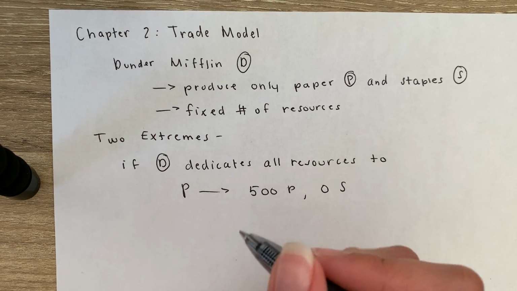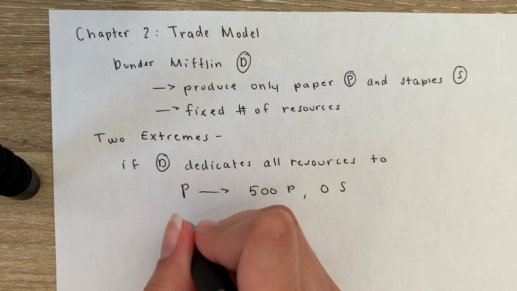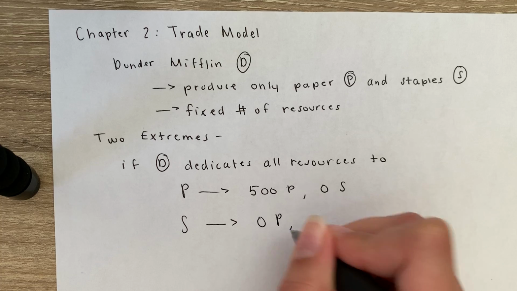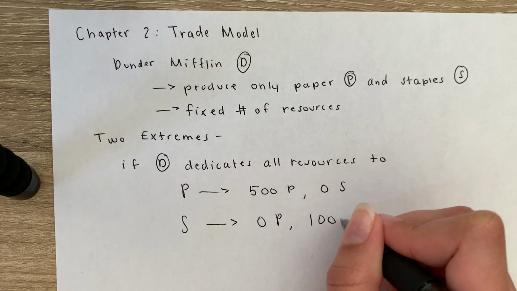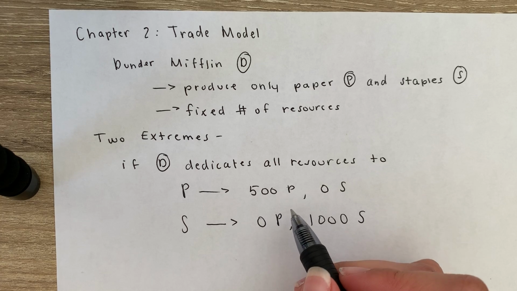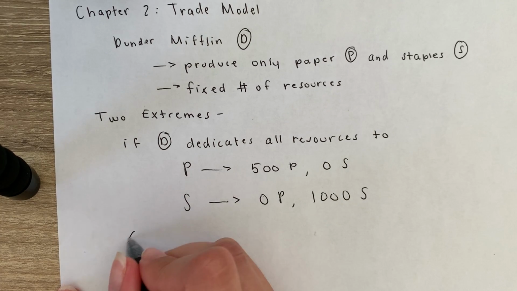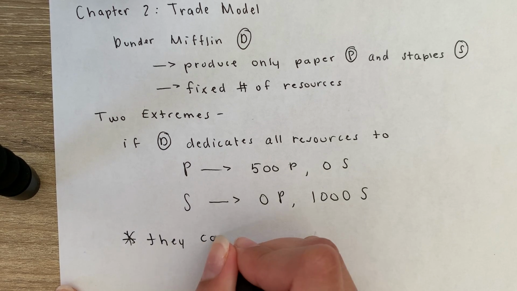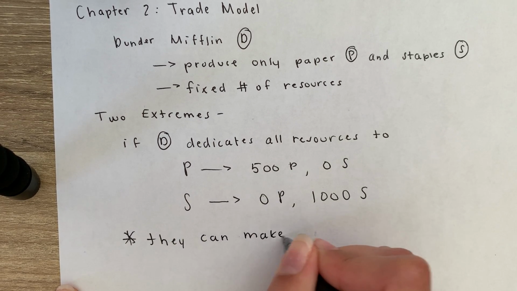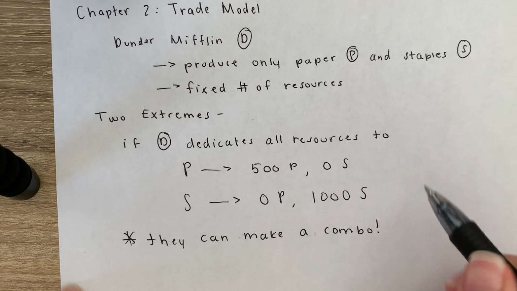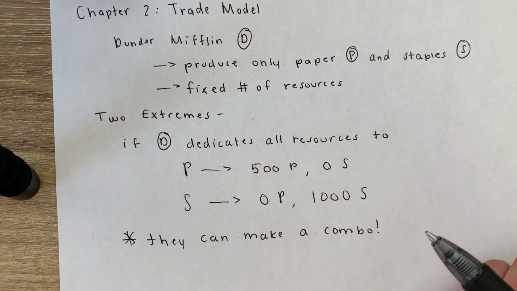But also if they're at the other extreme, so if they dedicate all their resources to staples, then they're gonna be producing 0 sheets of paper and say 1,000 staples, right? So these are two extremes, but there's gonna be an in-between. So the key here is they can make a combo, anything in between.